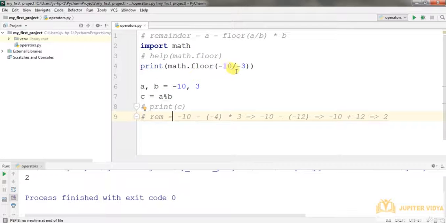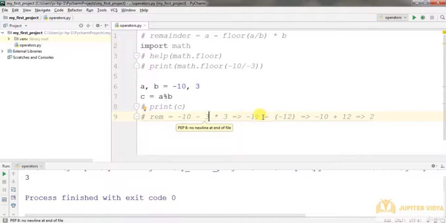So floor of minus 10 divided by minus 3 is 3 here. So here, let's comment this part. Instead of minus 4 it will be 3.